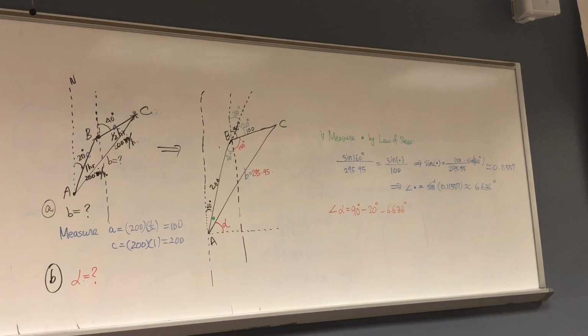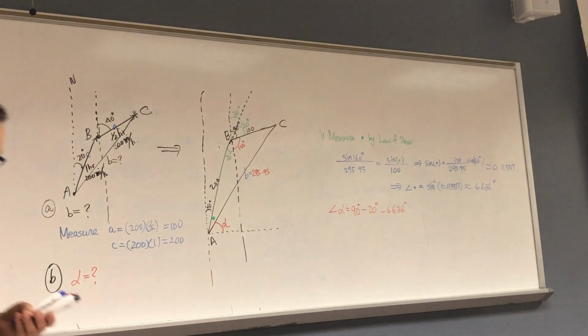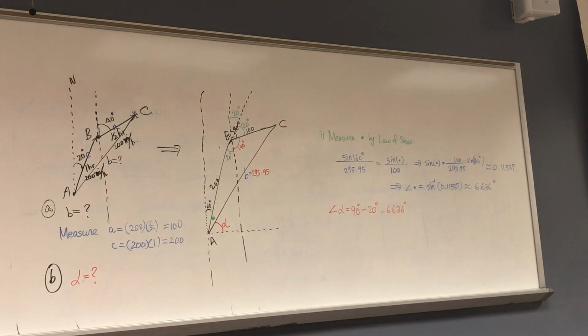What is Heron's formula? Area A equals the square root of S times (S minus a) times (S minus b) times (S minus c), where S is the semi-perimeter. Why? Because it is divided by 2.